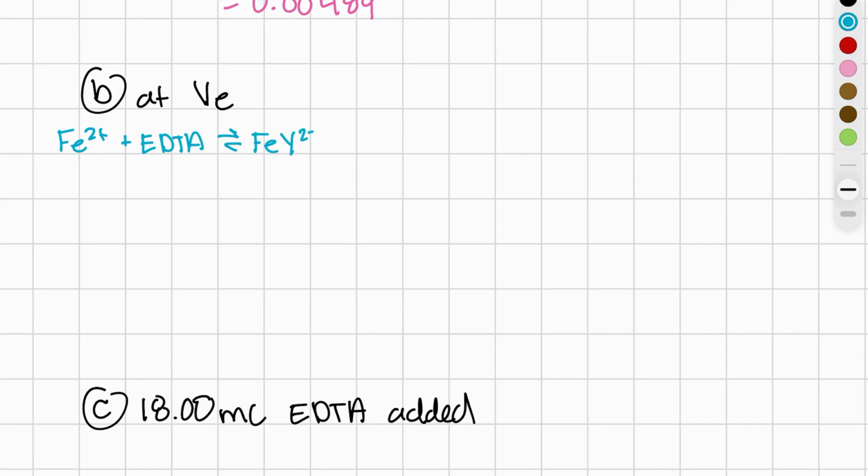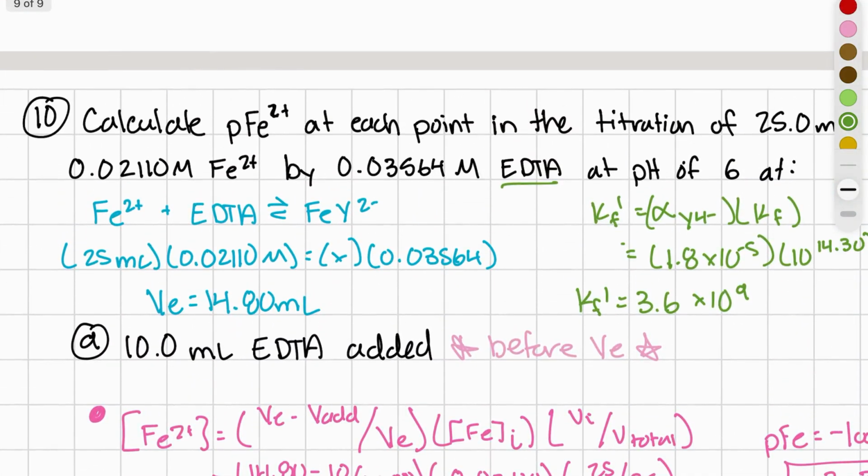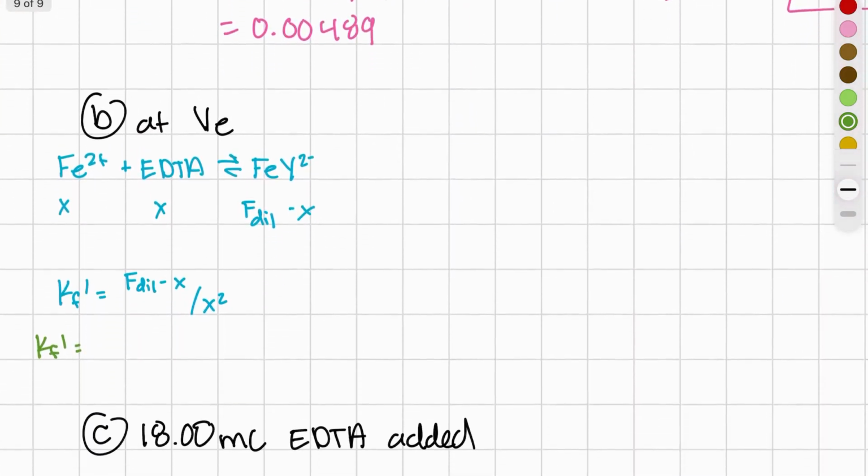So it's going to be just slightly backwards, where this is the F and it has been diluted, minus X. So we need to use Kf prime equals F diluted minus X over X squared. Now, thankfully, we already found Kf prime, so I'm just going to rewrite that over here. Kf prime equaled, what was it? Let's see. 3.6 times 10 to the 9.